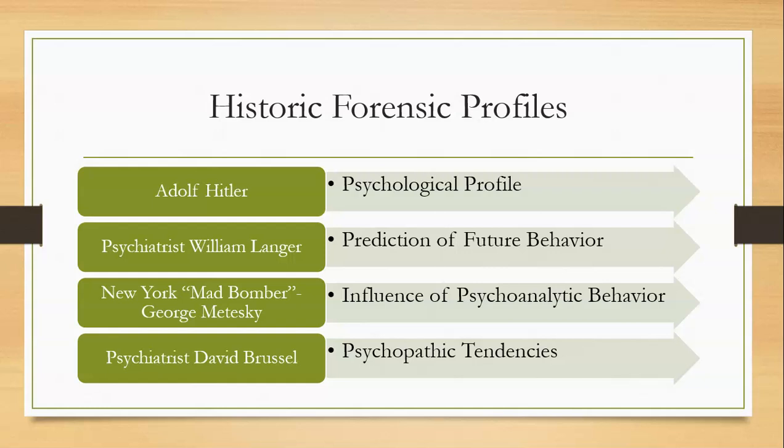Now, with Hitler, regarding the psychoanalytic influence that Langer was able to identify, he used the Freudian framework, which was very popular at the time. With this, he was able to interpret that much of Hitler's behavior stemmed from childhood traumas, repressed sexual urges, and a deep inferiority complex.